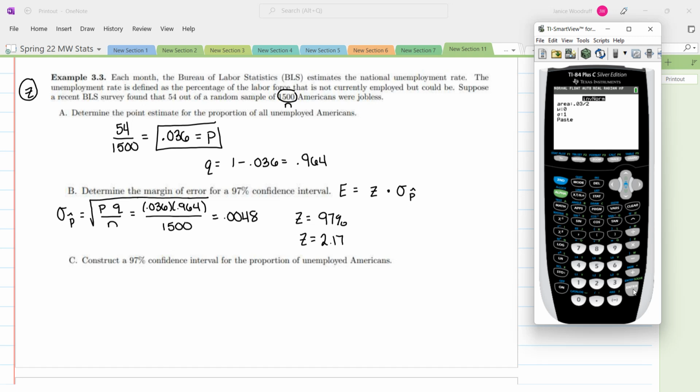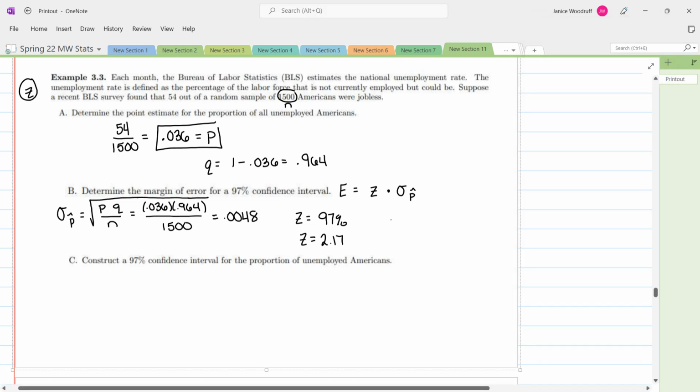I think it's 0.015, but I'm just going to put that just to check. 2.17. Okay, so if you forget that, same way you did it with the t. Okay, so 1 minus 0.97 divided by 2, and then inverse norm, that's your area.